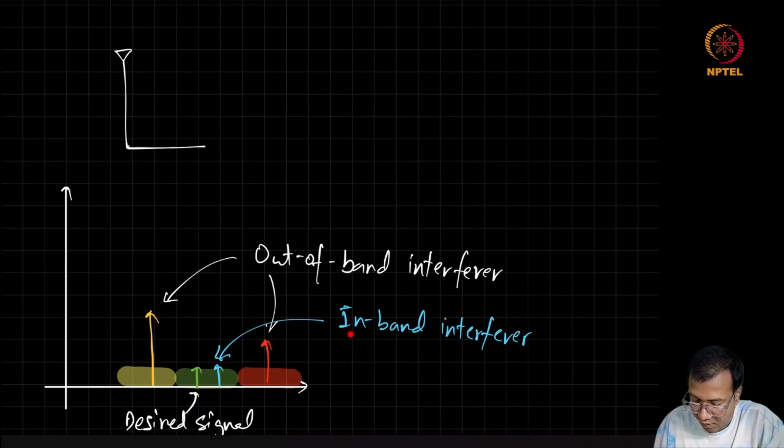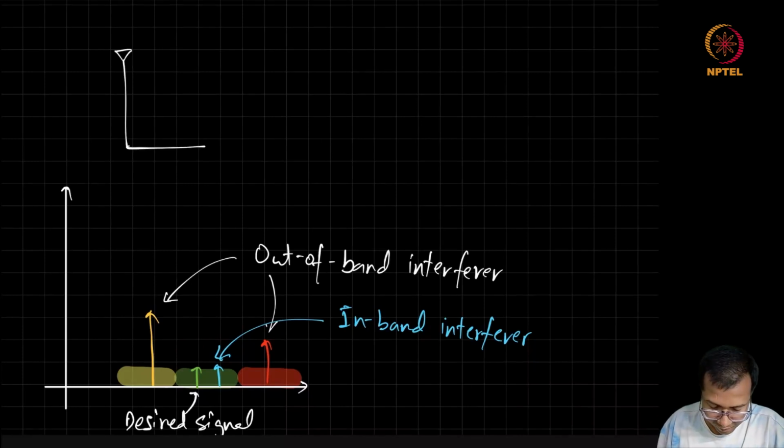In general, the in-band interferer will be weaker compared to the out-of-band interferer. But again, the difficulty is the in-band interferer can be very close to the desired signal compared to the out-of-band interferer, depending on the situation.